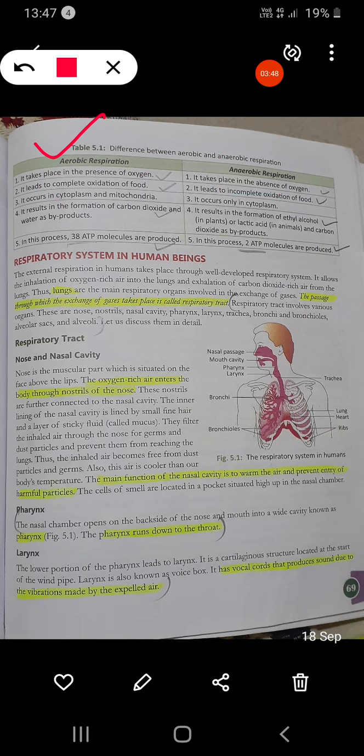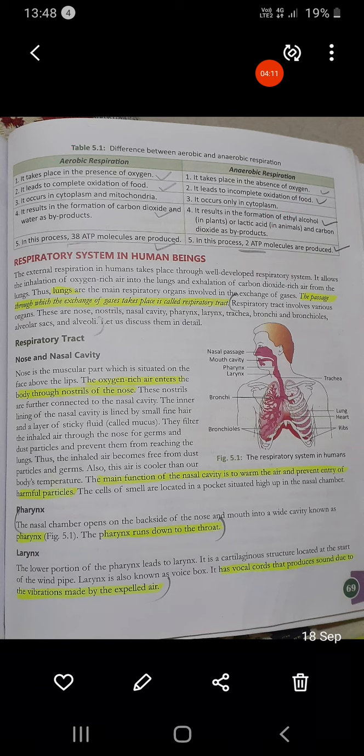So children, it forms carbon dioxide and water as byproduct, that means as extra product, but they form ethyl alcohol or lactic acid as byproduct. Now children, they form a lot of energy, 38 ATP, and it produces only 2 ATP energy. Okay children, what is ATP? ATP is the unit of energy.